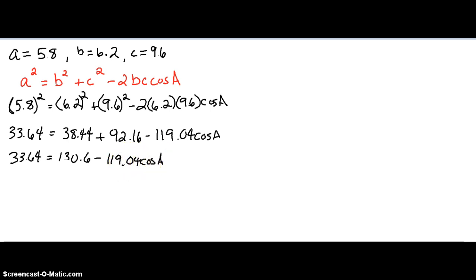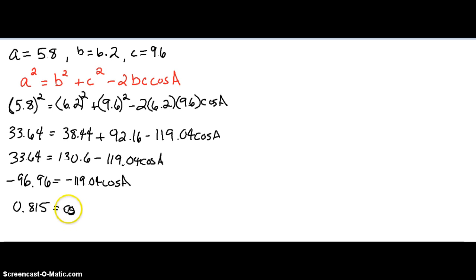So what I want to try to do is solve for cosine of A. The first thing I want to do is subtract the 130.6 from both sides. That's going to give me negative 96.96 equal to negative 119.04 cosine of A. And because I'm trying to get cosine of A, I'm going to divide both sides by negative 119.04, and that's going to give me 0.815.